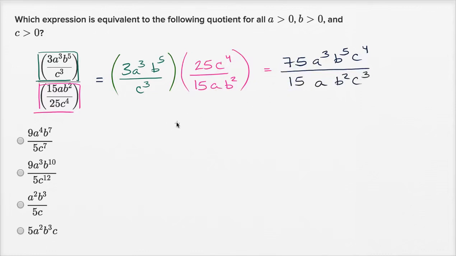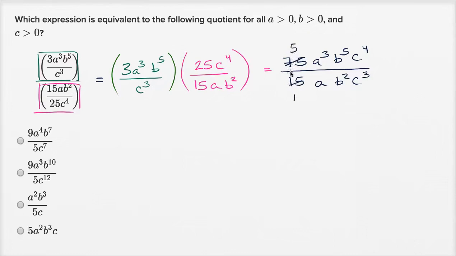Now we can try to simplify. What's 75 divided by 15? You're going to get 5. And 15 divided by 15 is 1. So the coefficient is just going to be 5.